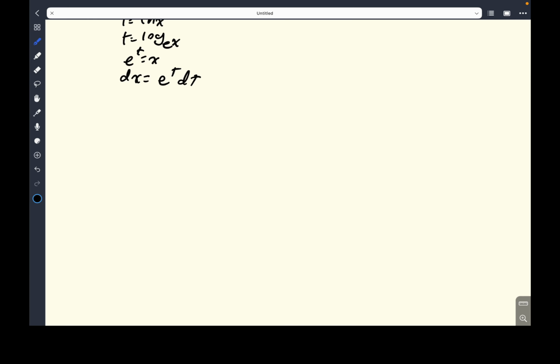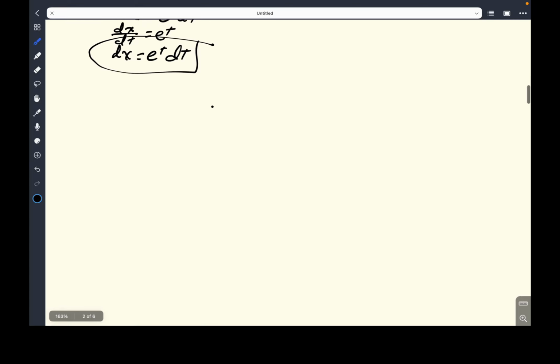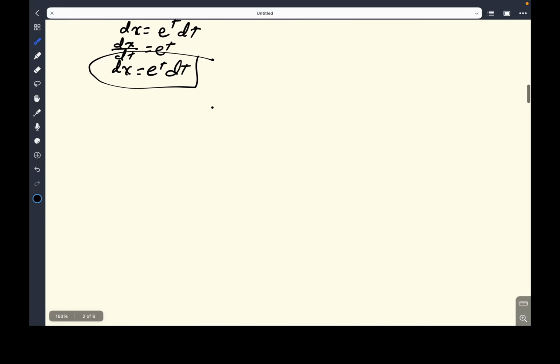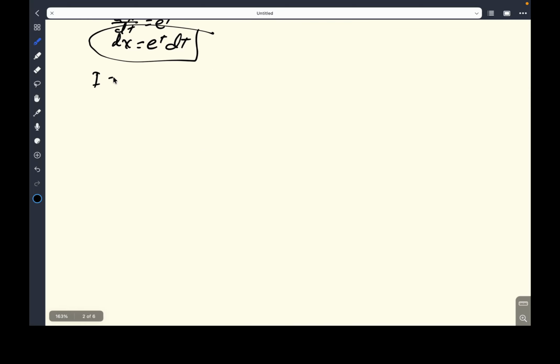What did I just do? I just took the derivative of both sides with respect to t, dx/dt equals e to the t, and moved the dt to the other side like this.